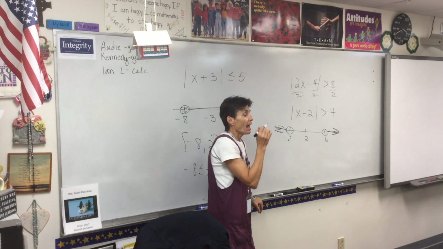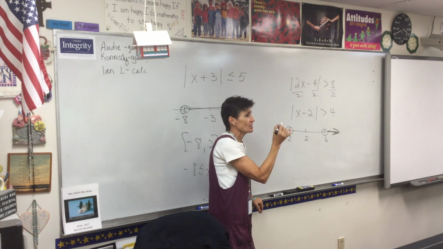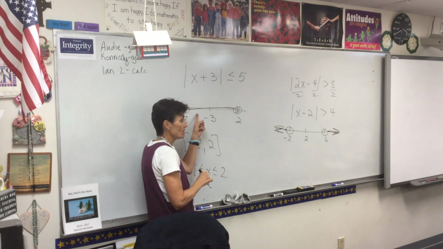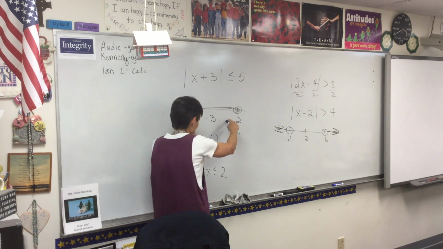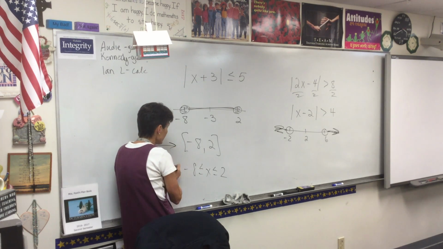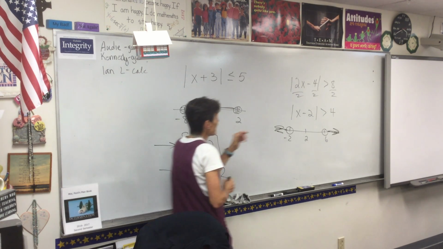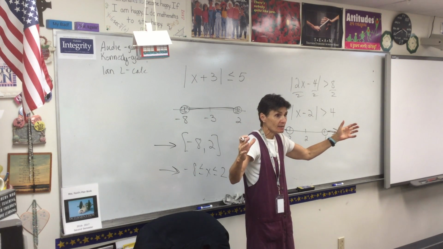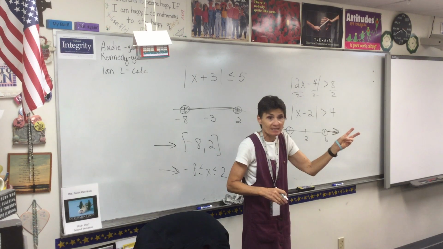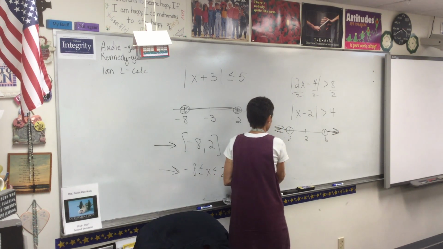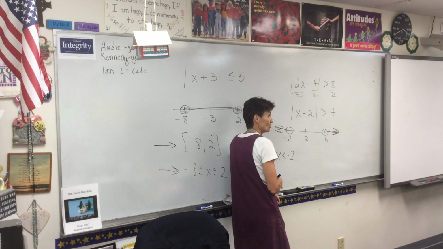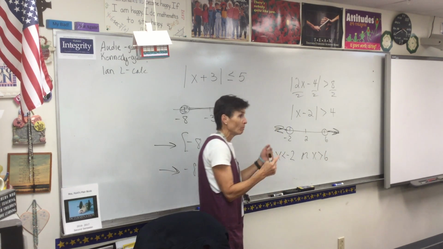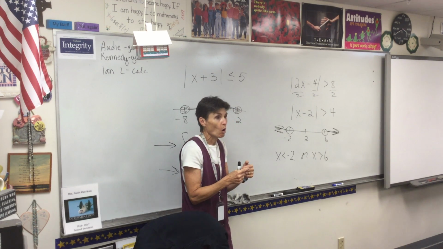Boys and girls, how many shaded regions are there on the number line? 2. This one had 1. So when I wrote my answer, I wrote it as one piece. When you have 2 pieces to the number line shaded, you must have a 2-piece answer. So you are either going to say X is less than -2 or X is greater than 6. Don't put those together. If you put them together, it's wrong.